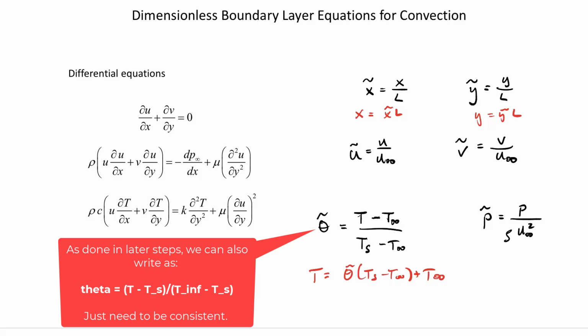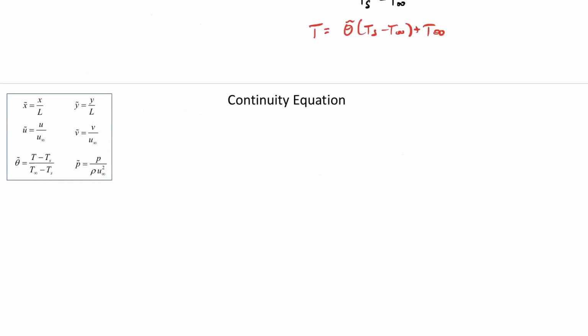Okay, let's go do that then. So we'll start with the continuity because that's the easy one. So this equation is what? It's du dx plus dv dy is equal to 0. So we need to make our substitutions here. We'd say here u is equal to u tilde times u infinity.